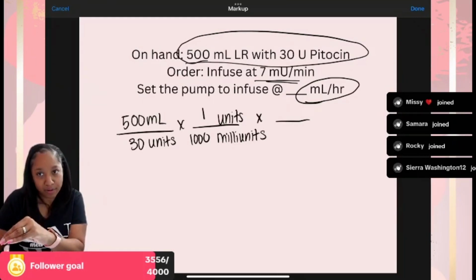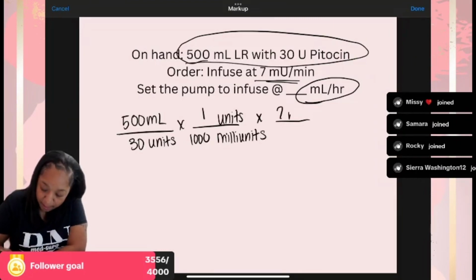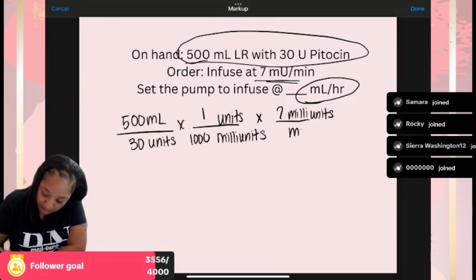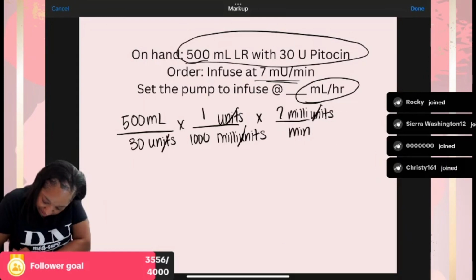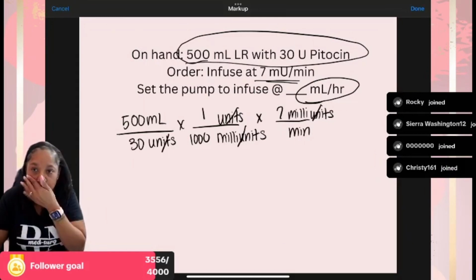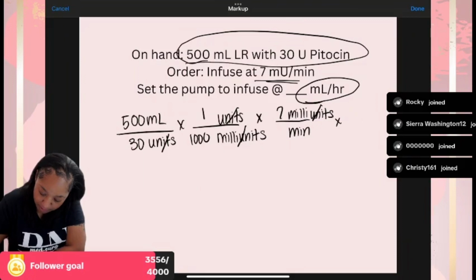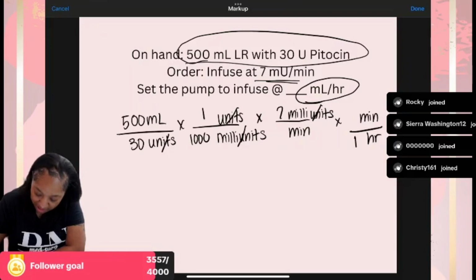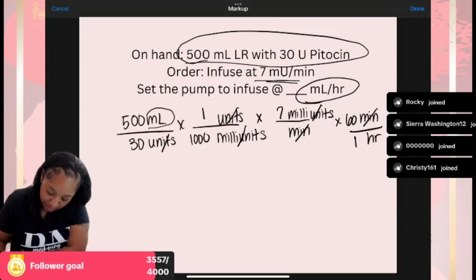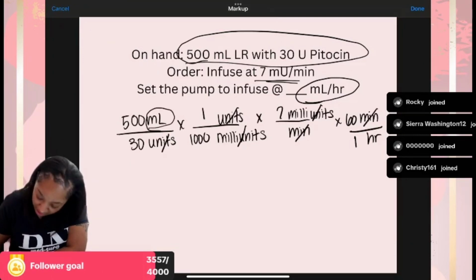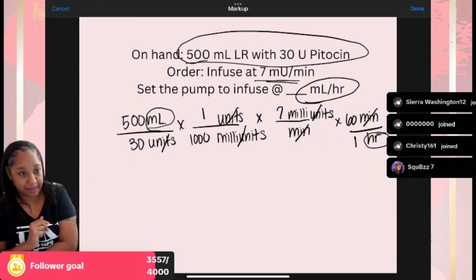Now we can use our order information and put the 7 milliunits over minutes. So that crosses out. Now we gotta cross out our minutes. So we're gonna put minutes on top, hour on the bottom. 1 hour equals 60 minutes. That minute crosses out, and you're left with milliliters in hour.